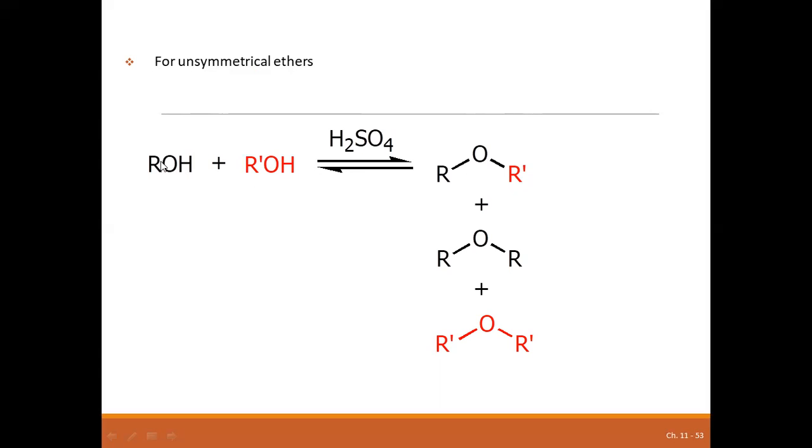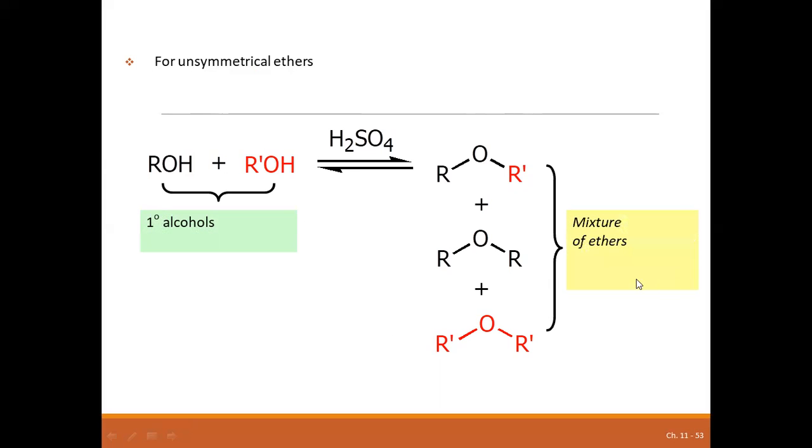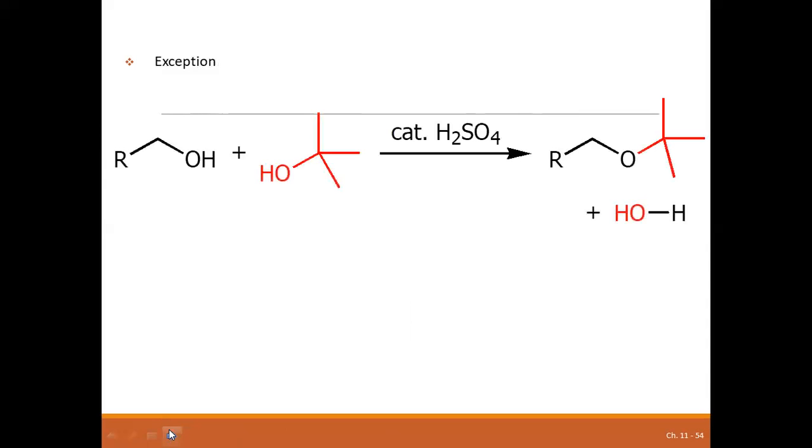You can get another ROR from the same alcohol, or another ROR from the second kind of alcohol. So here you can only use a primary alcohol, and you actually get a mixture of ethers. The exception is when we have a tertiary alcohol.